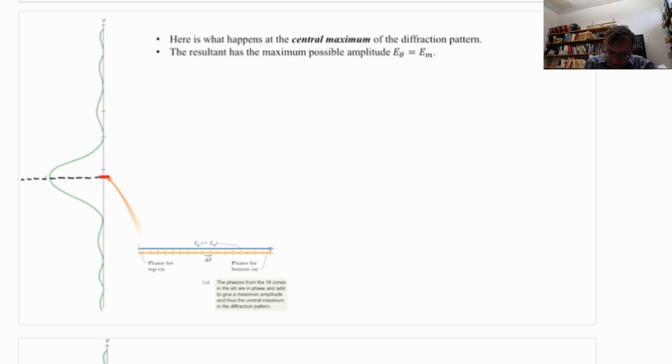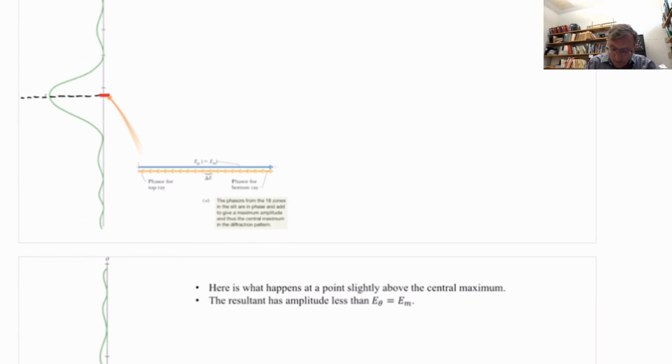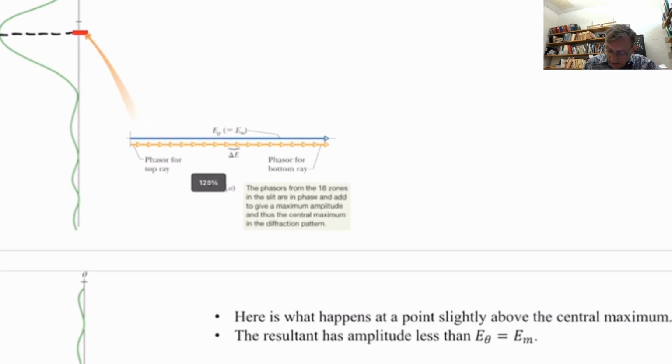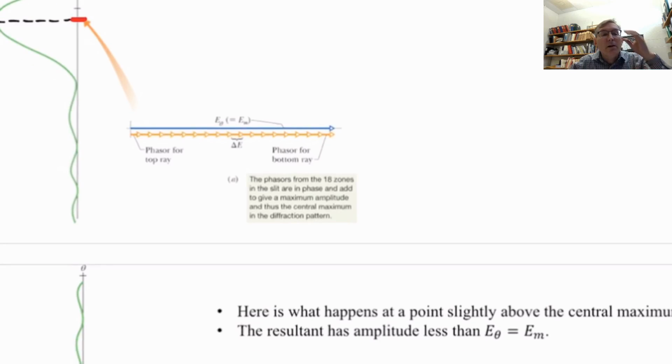All right, so in this phasor approach, I'm going to expand this a little bit so that it's easier to see, I hope. You use a little arrow, like a vector, for each wavelet. And the angle between adjacent vectors represents the phase difference between the wave for those two vectors.